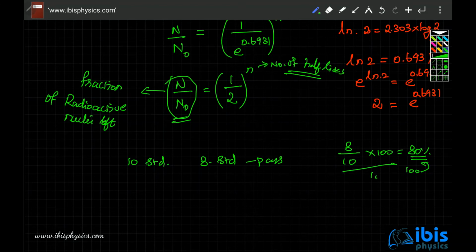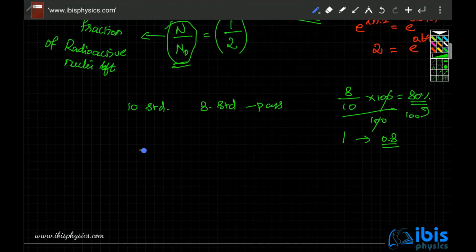When you divide by 100, what you get is, for every one student, how many passed? 0.8. Similarly, the number left by N naught is fraction left. So N by N naught is called fraction left, the fraction of nuclei left.